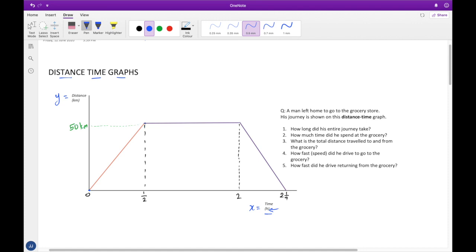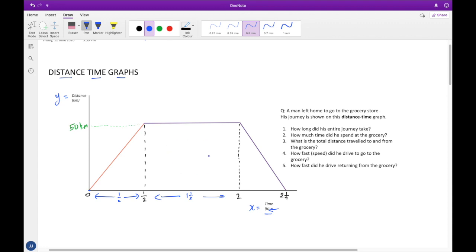This journey took half an hour to reach the grocery store, and then from the half hour mark to the 2 hour mark, so this would be 1.5 hours, he was inside the grocery store.